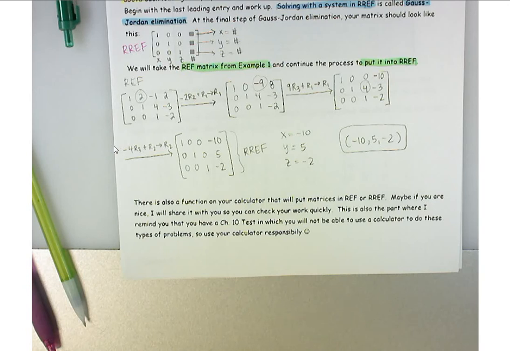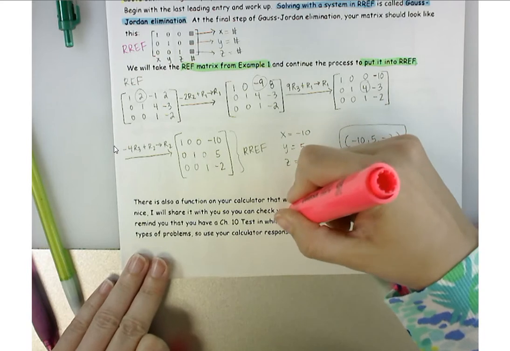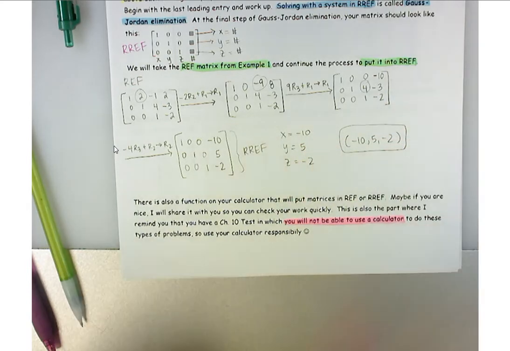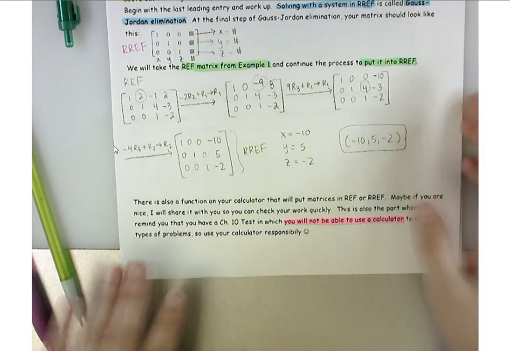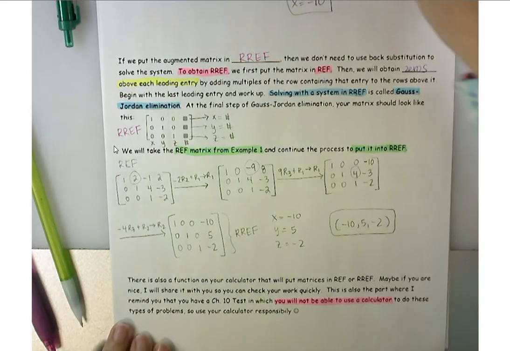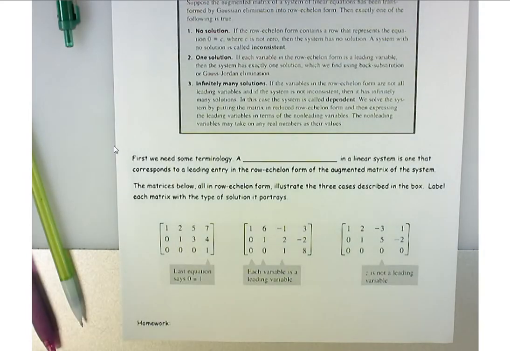So you have to use your calculator functions responsibly. Okay, so you will not be able to use your calculator. But it is a good thing to know so you can check, especially if you're getting stuck. Because a lot of times it's just a small arithmetic mistake, and I know that can be frustrating.